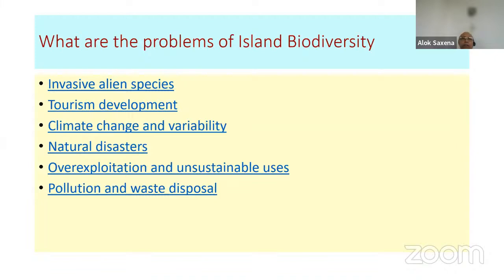It got totally submerged. So because of natural disaster and climate change also, islands are going to be affected a lot. And because of this, in the CBD now, there is a special chapter on island biodiversity, and many measures have been taken to see how we can protect our island biodiversity.